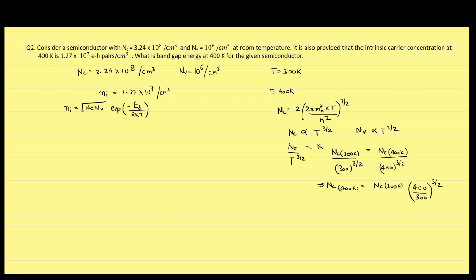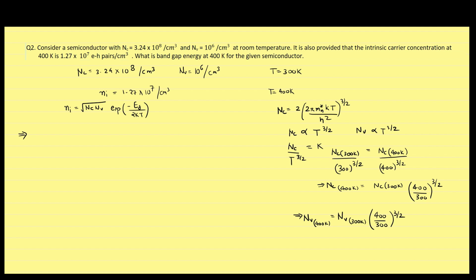Similarly, we can also write that effective density of states in the valence band at 400 Kelvin is equal to effective density of states in valence band at 300 Kelvin multiplied by 400 divided by 300 raised to the power 3 by 2. Now we simply have to put the values in this equation.